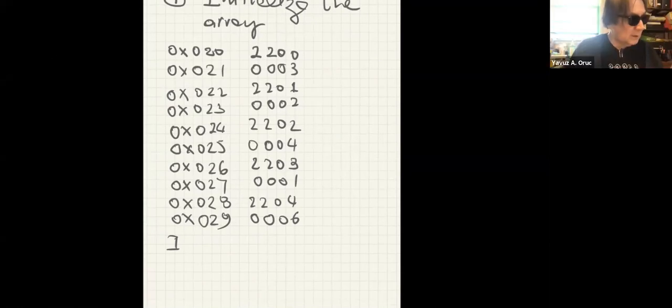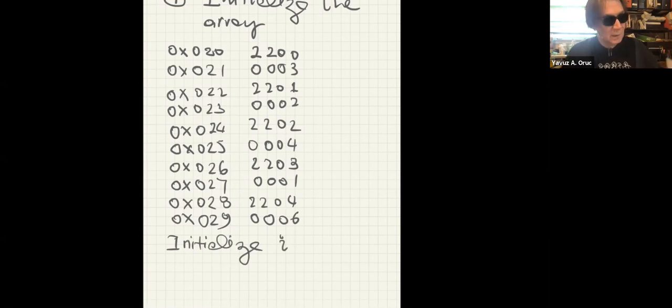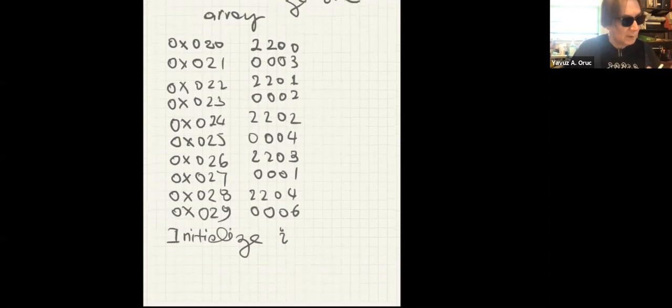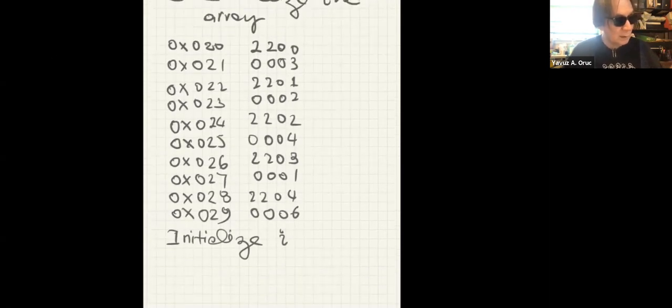So now initialize I and J. Initialize I actually, because J is going to be updated with I. So we're going to basically load into I the starting place of our array, which is location 200. So we're going to move into that or load into that location.